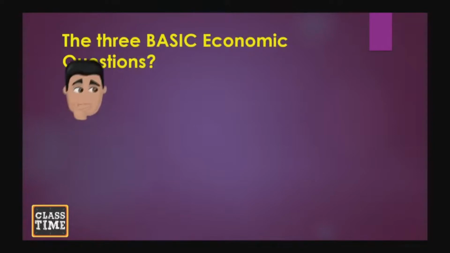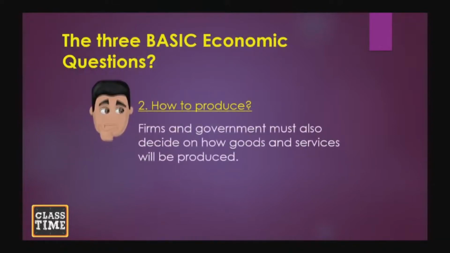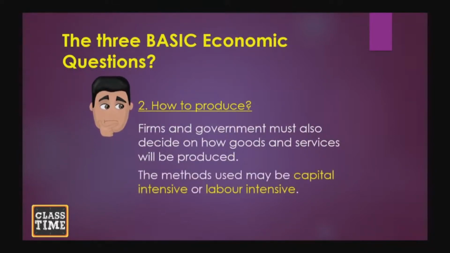Our second economic question is how to produce, and firms and government must also decide on how goods and services will be produced. The methods may be capital intensive or labor intensive. What's the difference between capital and labor intensive?